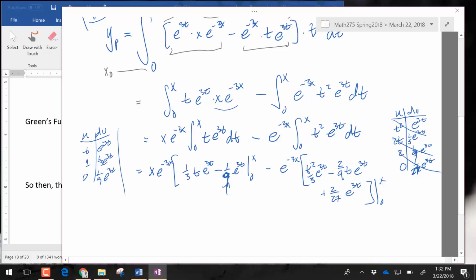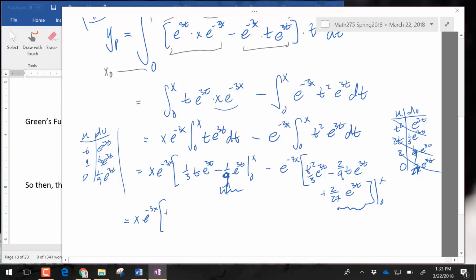Usually it's nice when we plug 0 in, everything goes to 0, right? That's not quite the case for these terms that don't have the power functions next to them, so we have to be careful about that. We're going to put x in there, and then we're going to put 0. So we got x e to the minus 3x.